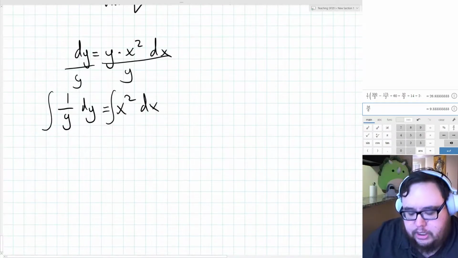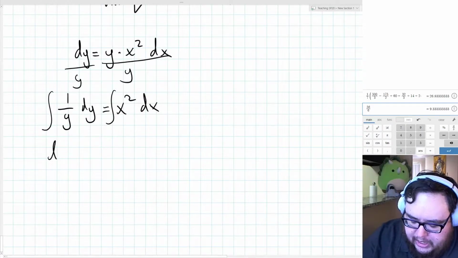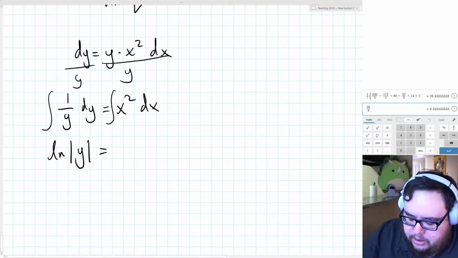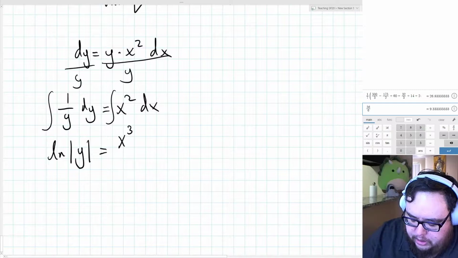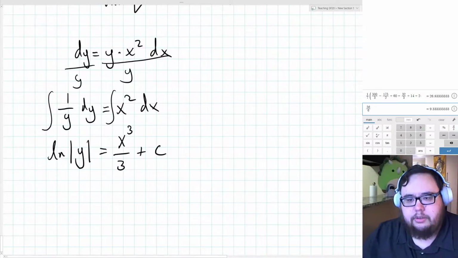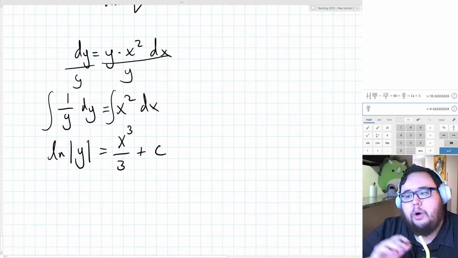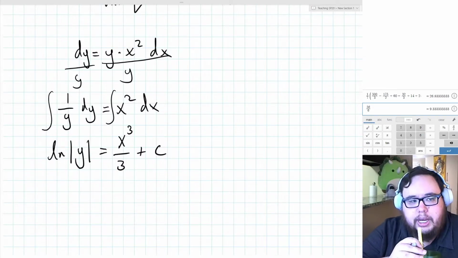As before, the integral of 1 over y is still ln of the absolute value of y, and the integral of x squared is x cubed over 3 plus a constant. Again, technically we do get a constant on the left-hand side, but we're collecting all the constants on the right-hand side so that we don't have a bunch of extra constants hanging out.